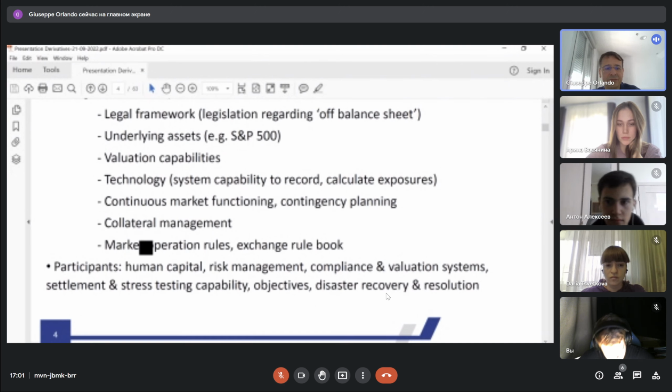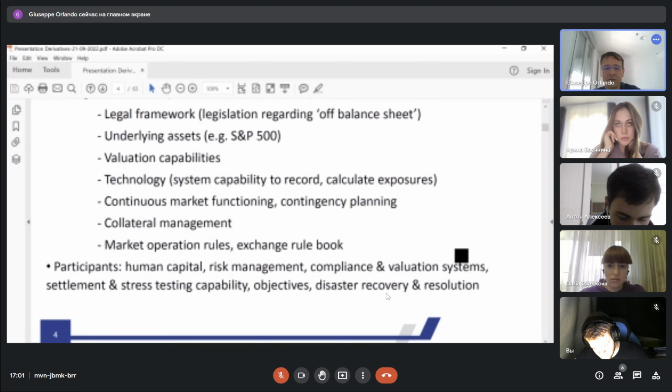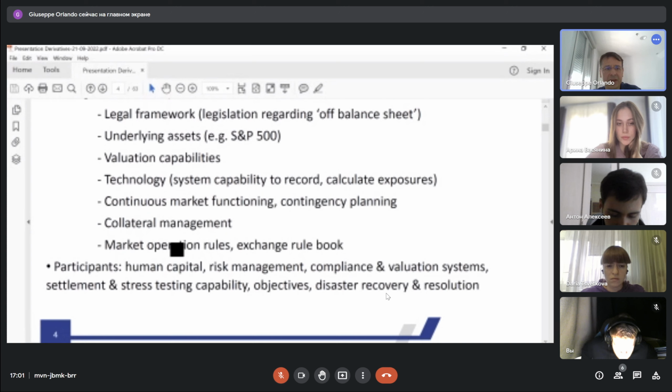Collateral management and then market operation rules, exchange rule book, and so on. So you need to have all this in place, plus risk management, compliance. Do you know what is a compliance?